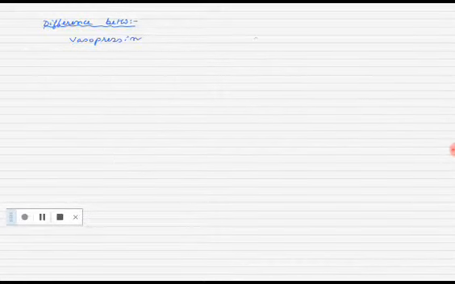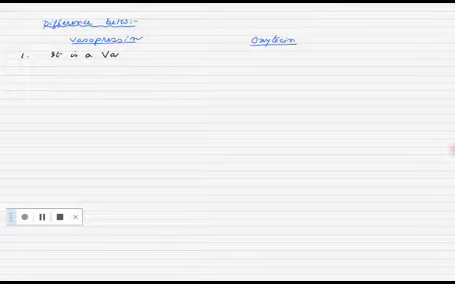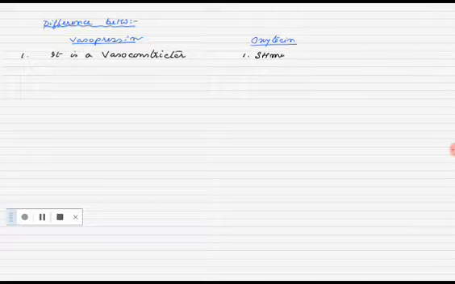Now let us study the difference between vasopressin and oxytocin. Now vasopressin is a vasoconstrictor, okay, and oxytocin, what it does, it stimulates the contraction of uterine muscles during birth. Okay, this is point number one.